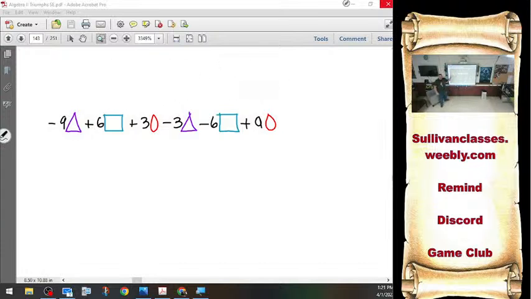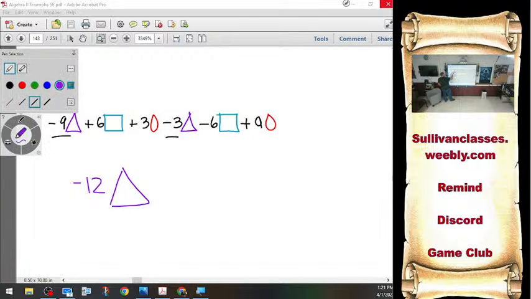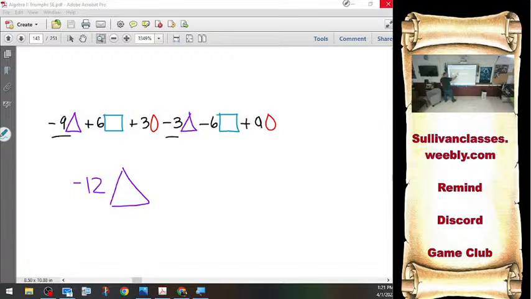Does this look better to you? A lot better. Would you be able to say, well, that's just -9 minus 3 is -12 thing? Could you just say -12 thing? And then tell me that 6 minus 6 is no more thing.